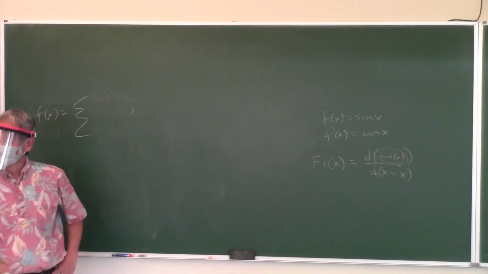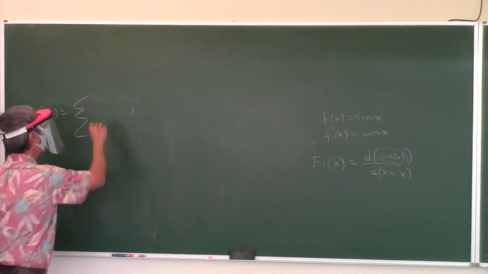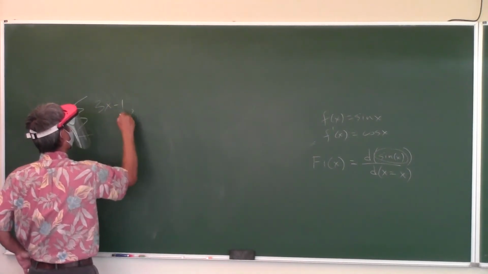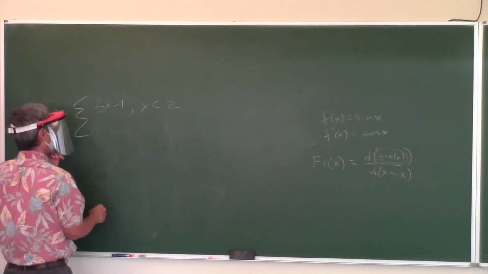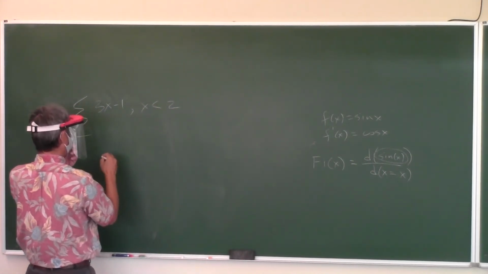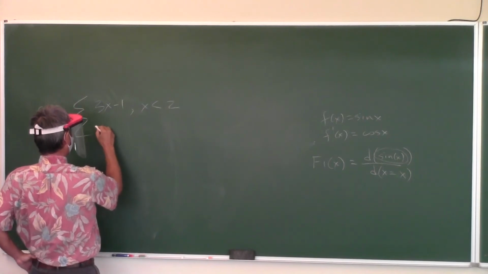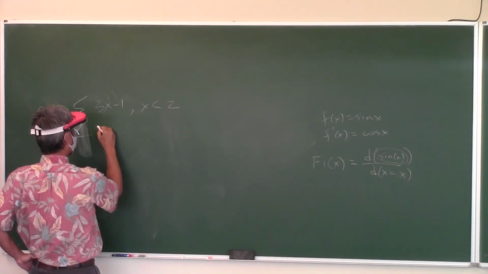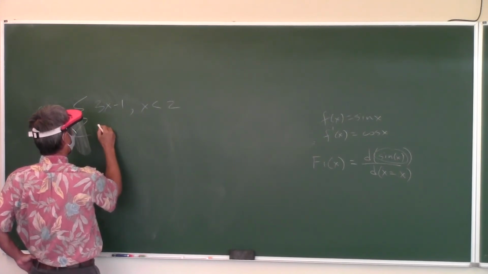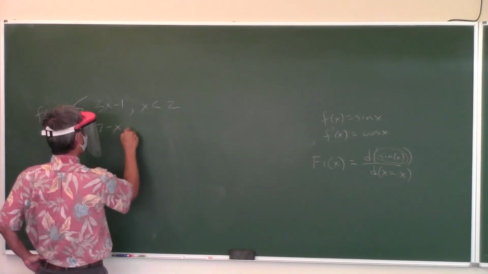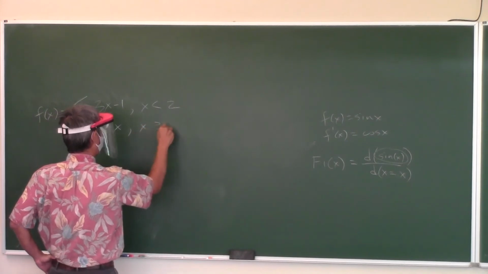I don't want to make it the same as tonight's homework. 3x minus 1 when x is less than 2. And then 7 minus x when x is greater than or equal to 2.